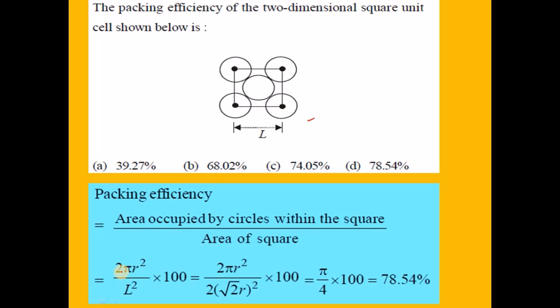So the area occupied by circles is 2 pi r square, by the area of the square, which is L square, into 100. That is 2 pi r square by 2 into root 2 r whole square, because the side of this square is 2 root 2 r. That equals pi by 4 into 100, which is 78.54. So option D is the right option for this.